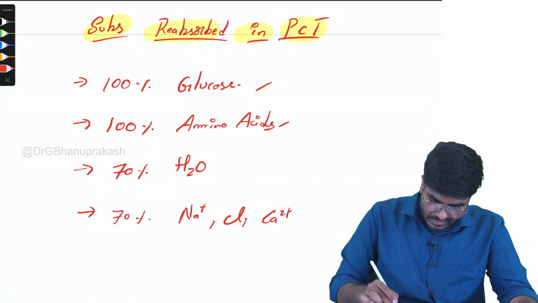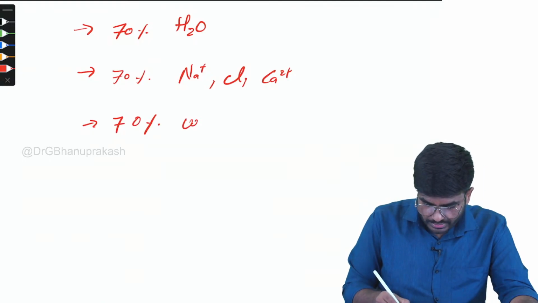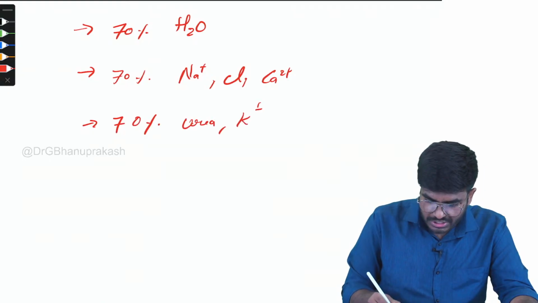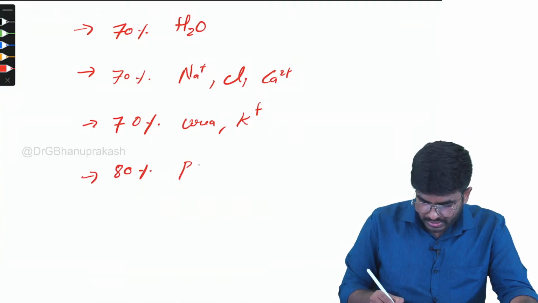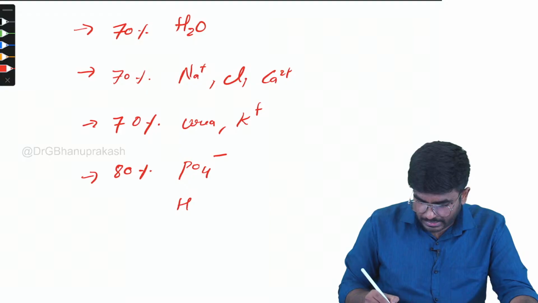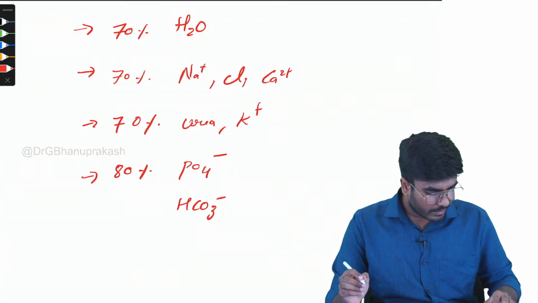Along with that, almost 70% of urea and potassium are also reabsorbed. 80% of phosphates and 80% of bicarbonates are also reabsorbed in the PCT.